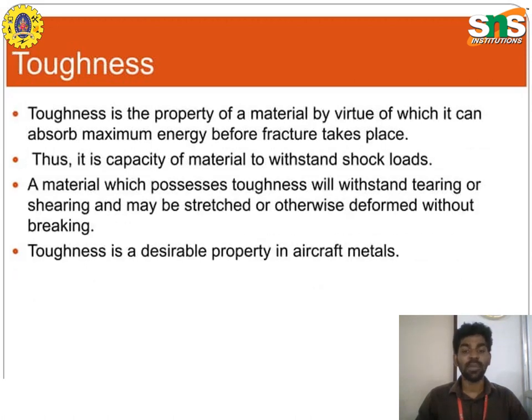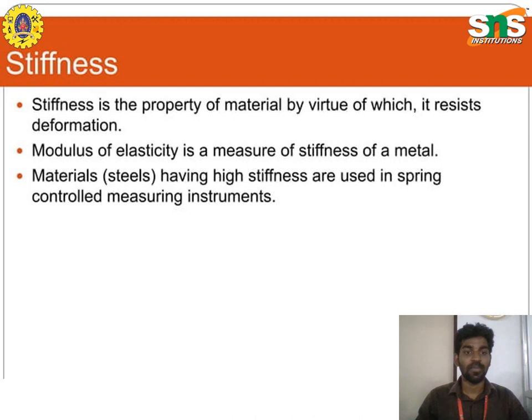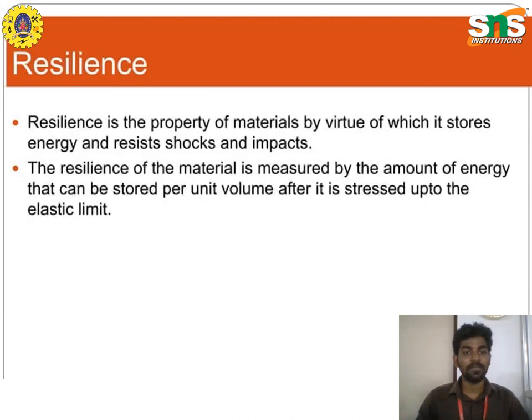Toughness is the property of a material by which it can absorb maximum energy before fracture takes place, and it is the capacity of a material to withstand shock loads. Stiffness is the property by which a material resists deformation when a force is applied, and it is a measure of the stiffness of a metal.